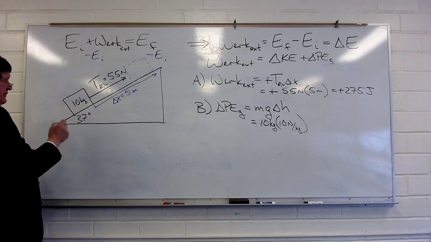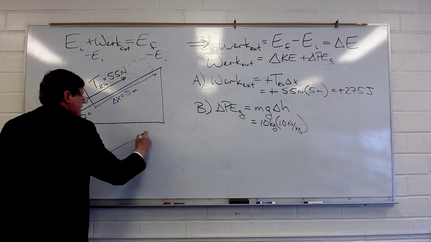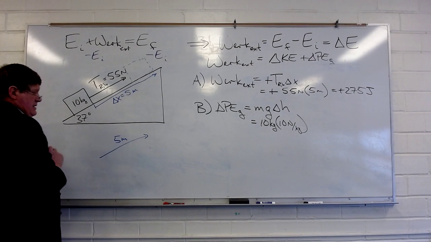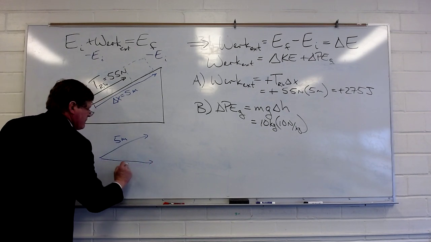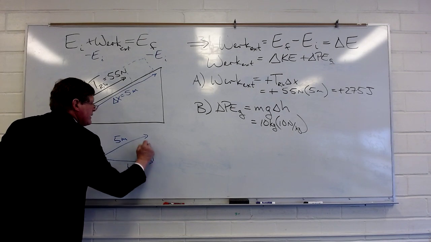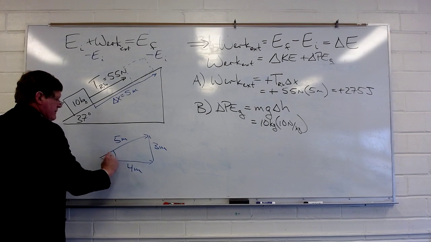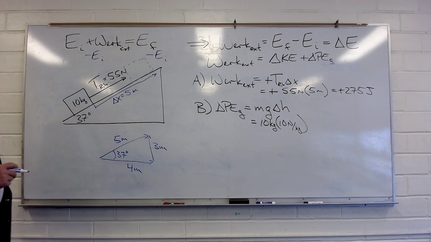Well, because of this 3, 4, 5 triangle, if we travel 5 meters up the ramp, that's the same as moving to the right 4 meters and up 3 meters, okay? That's a 3, 4, 5 triangle. That's why we use 37 degrees.